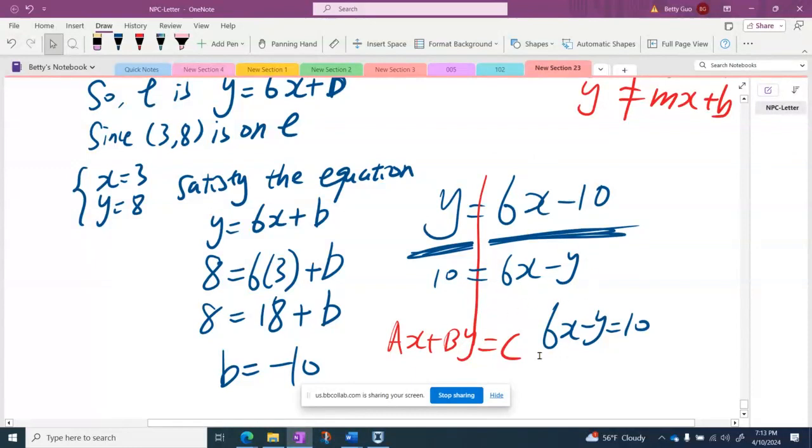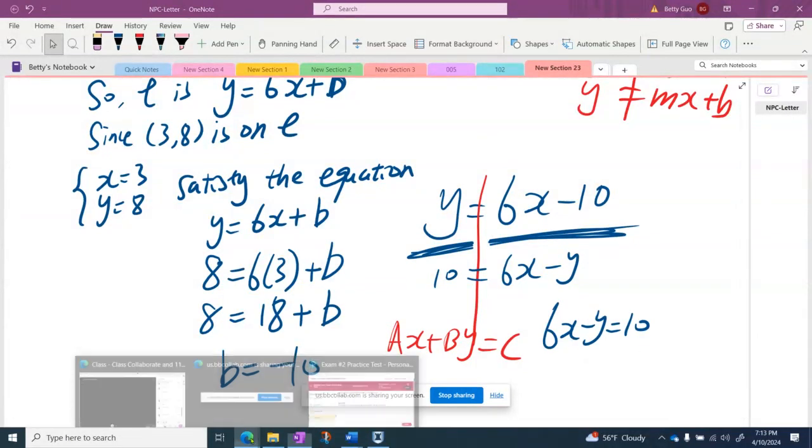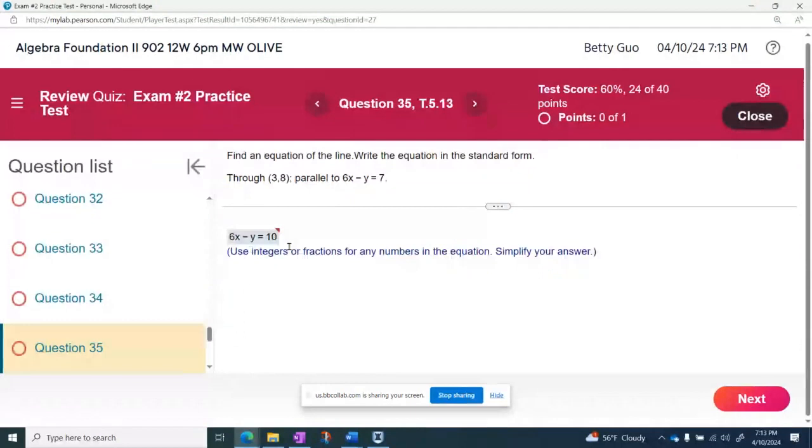And then I switched the left side and the right side. I have 6x minus y equals 10. And that's in the standard form, ax plus by equals c. See the answer? Same as here, right? 6x minus y equals 10. So be very careful. Since the question asks us to write the answer in the standard form, we really have to follow the instruction.